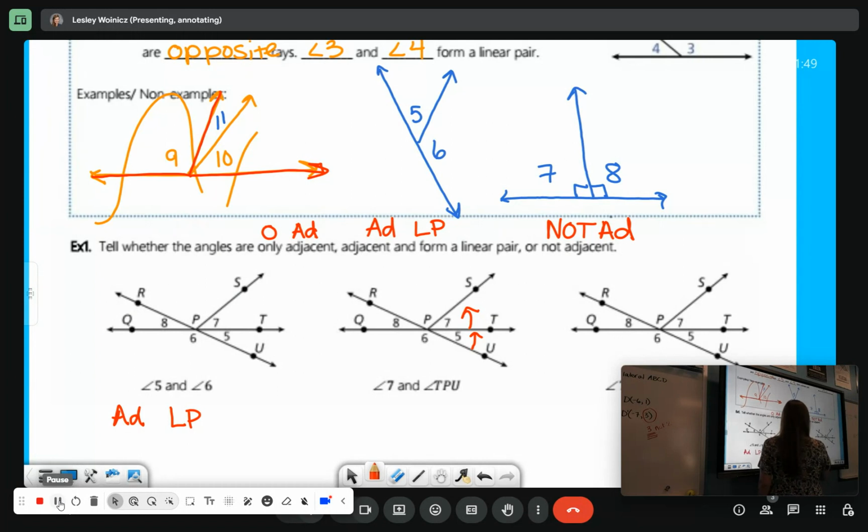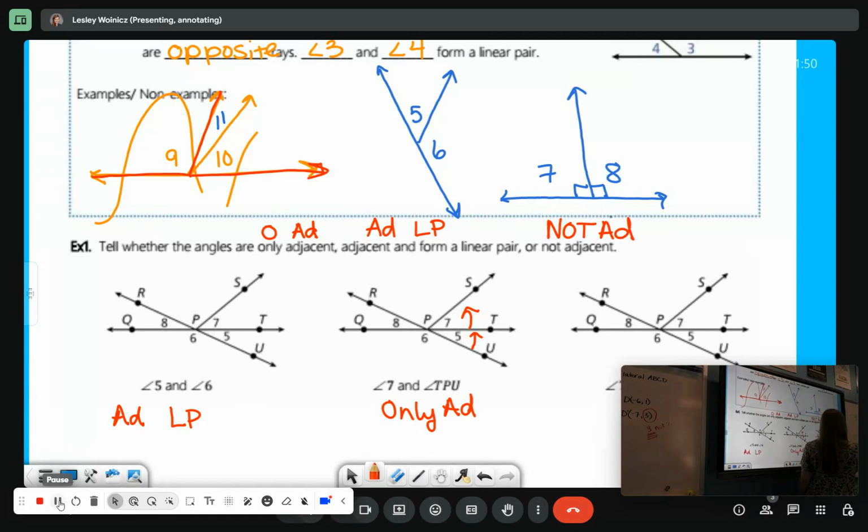These are only adjacent. No, linear is not going to make a straight. Oh, I got them flipped. Okay.